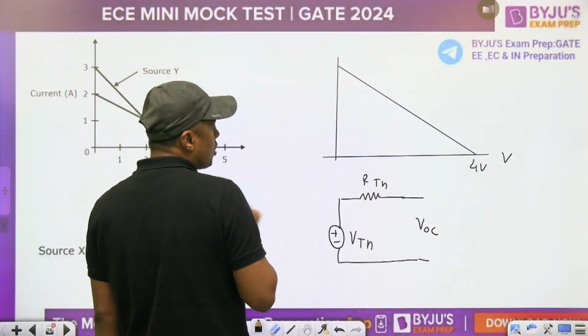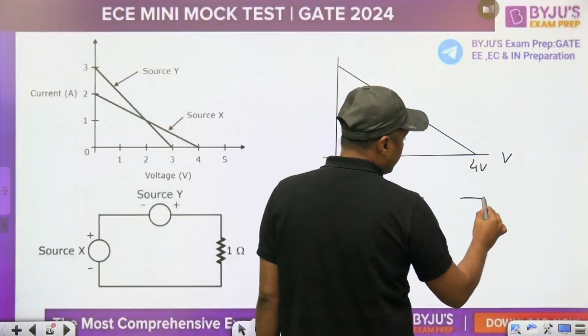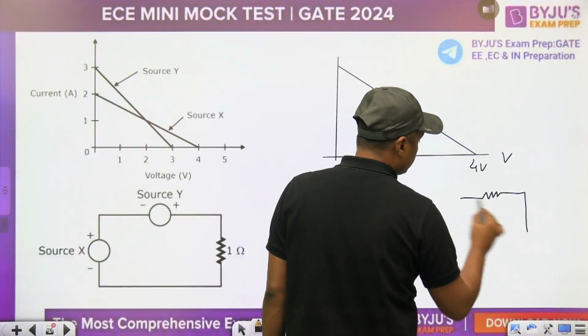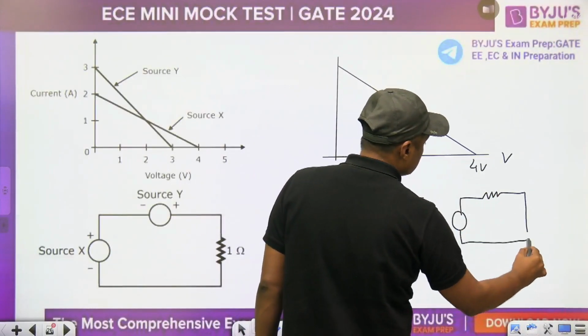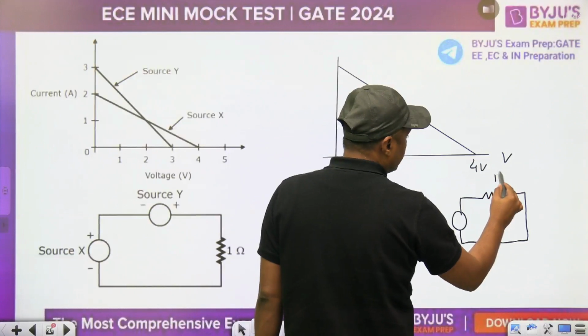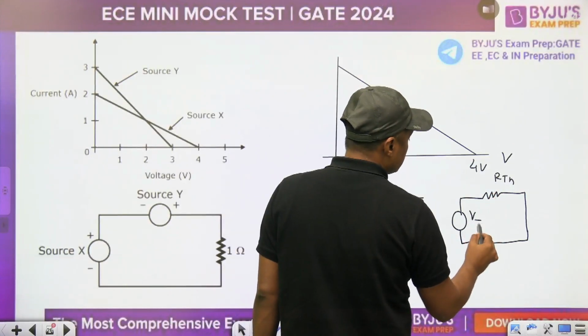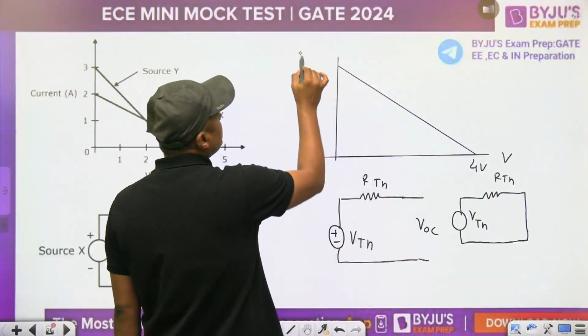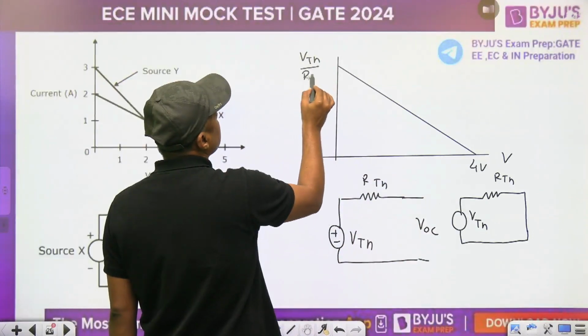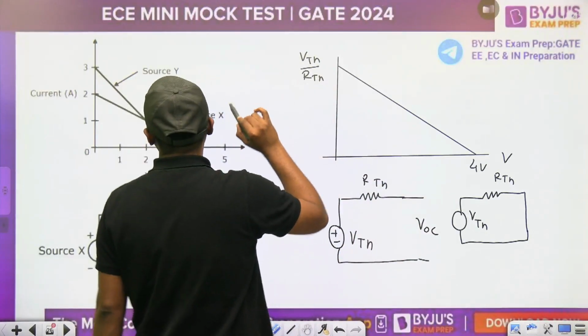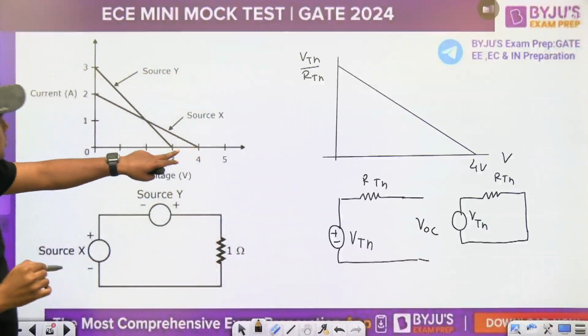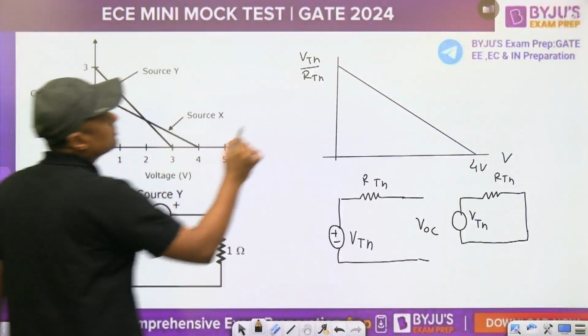Second thing, short circuit current, the maximum current when the voltage is 0. That is RTH. This is the VTH. That's why the maximum current is VTH upon RTH. And that is, in the first case when we are talking about the source, given as 2.